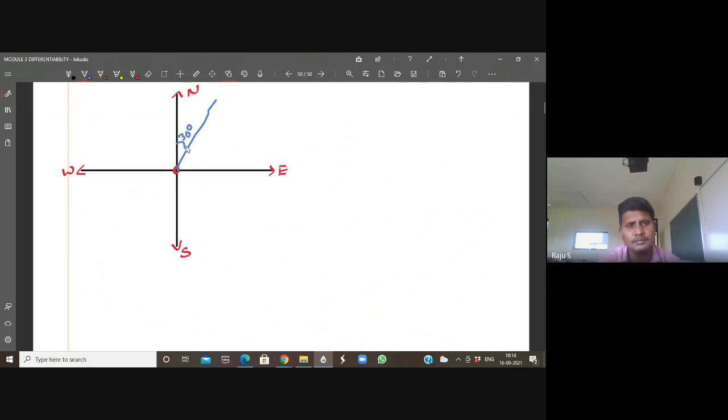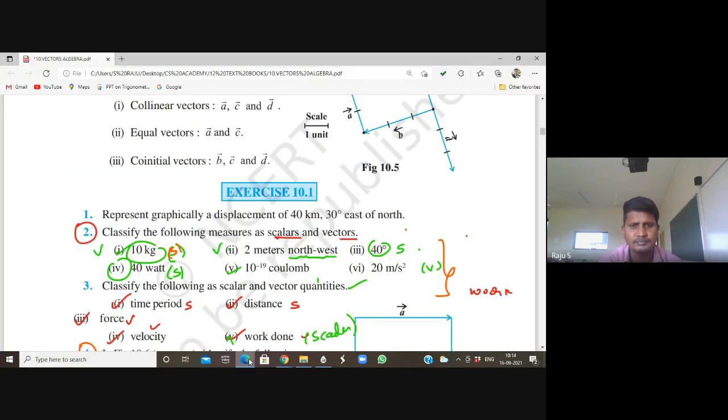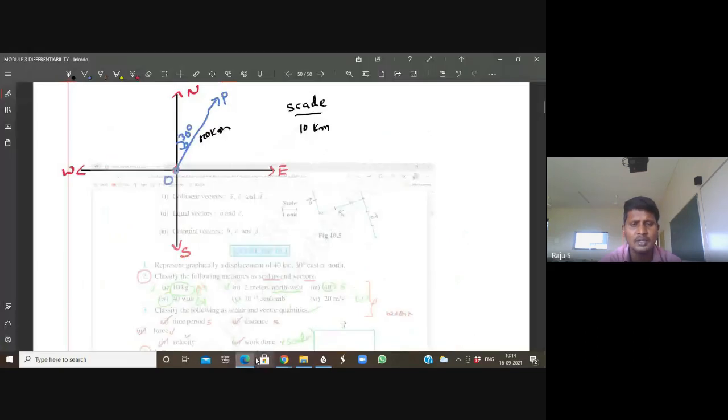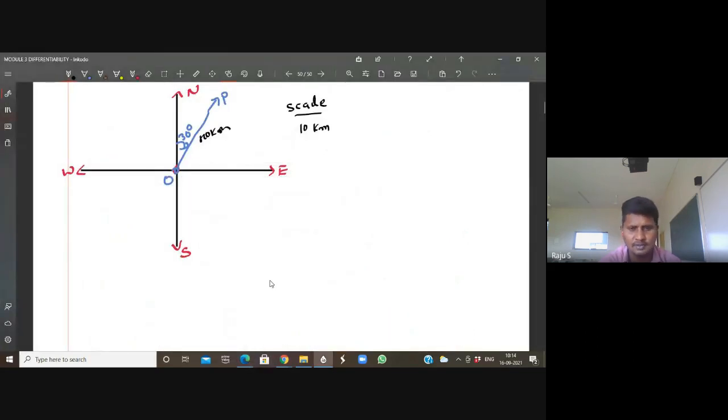Look here, east of north. The starting point is O, the ending point is P, that is the terminal point, and this distance is 40 km. So here we can take the scale as 10 km. So 30 degrees east of north, that's all.